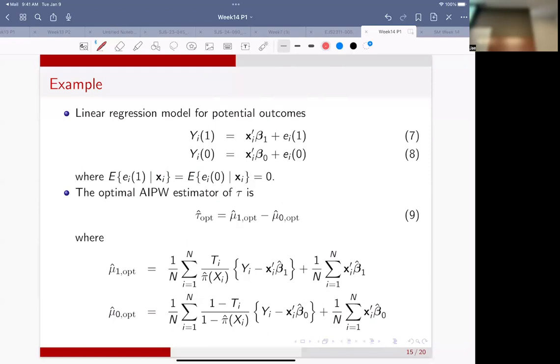So what is Q? Q(X, T) is X prime beta T essentially, right? And so estimating the Q function corresponds to estimating beta T, that is, beta hat.